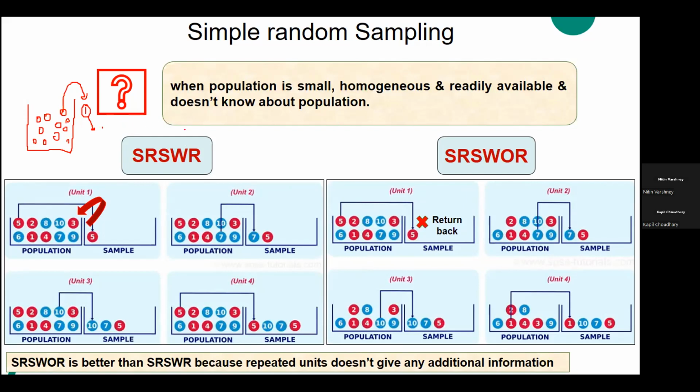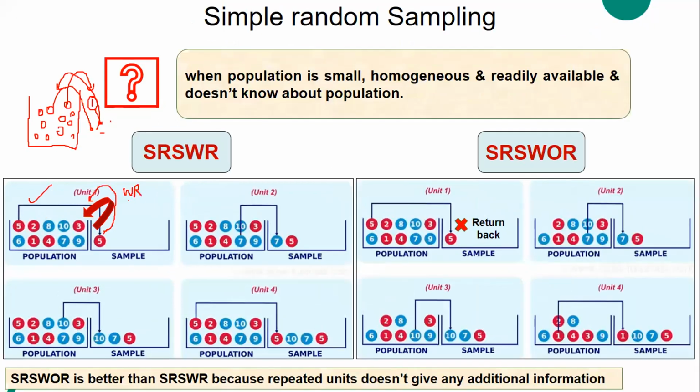So what is simple random sampling with replacement? Suppose I have selected some unit from the population and I have replaced it back into the population. See this example. We have selected unit 5 and we have replaced it back in the population. That is called with replacement. What is the problem here? The selected unit can repeat.